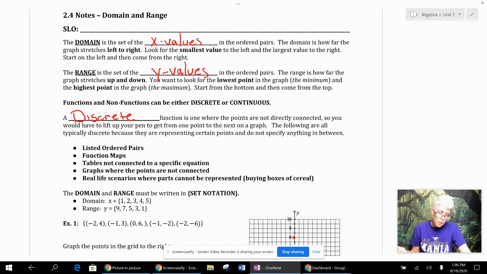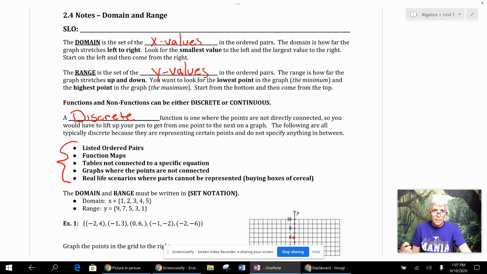The following are all typically discrete. So keep this list in mind. You'll probably have a test question on it. Ordered pairs, function maps. If you remember the function maps we did 2 days ago with the two circles, the X's in one, the Y's in the other, and we drew lines across.